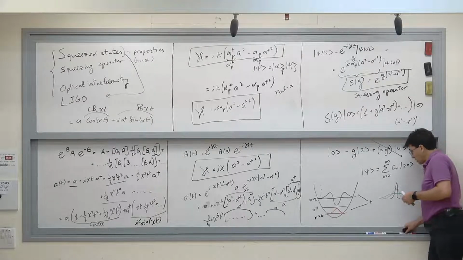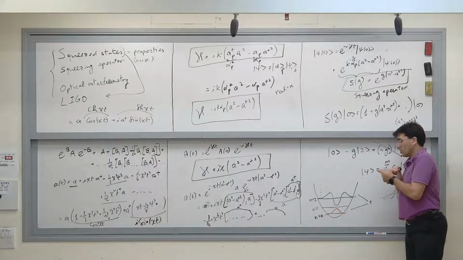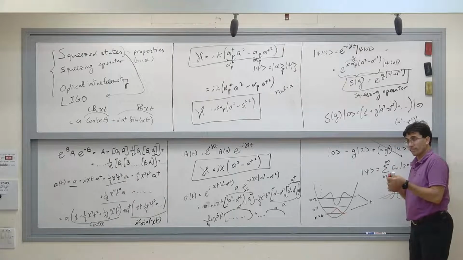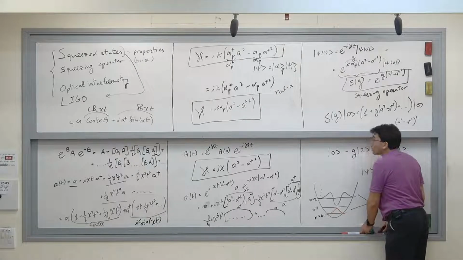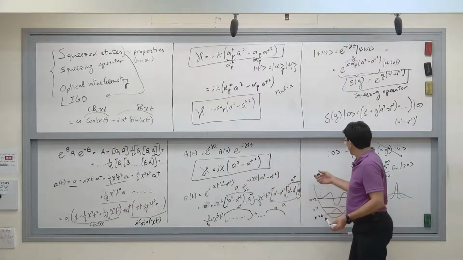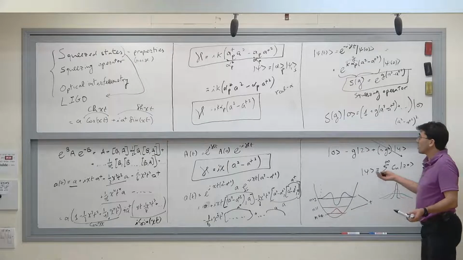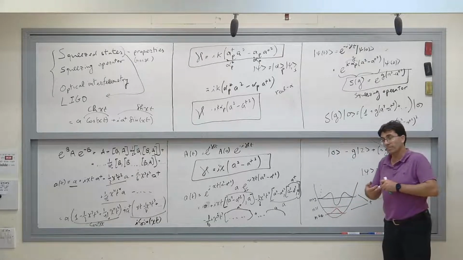Now, again, those states are not eigenstates of the free space Hamiltonian. They're not eigenstates of any Hamiltonian, not even of this Hamiltonian, because we operated on vacuum, and vacuum is not an eigenstate of that Hamiltonian. It's an eigenstate of the free Hamiltonian.